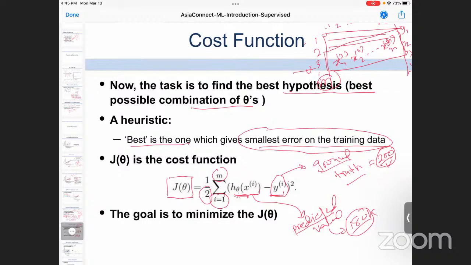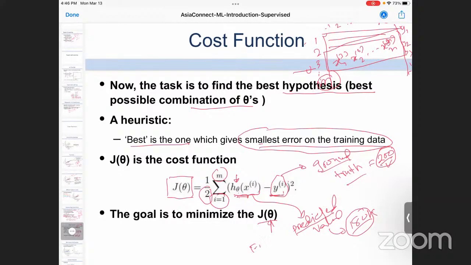Our goal is to find a cost function J theta which is minimum. Basically, the function h theta that gives you the smallest error. So your objective is to find theta.